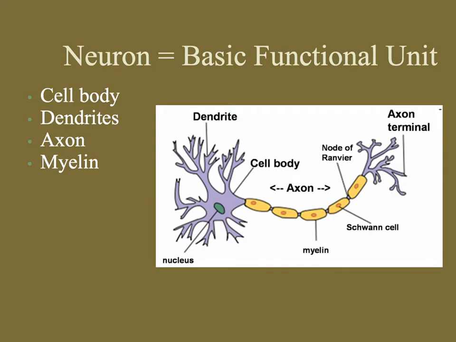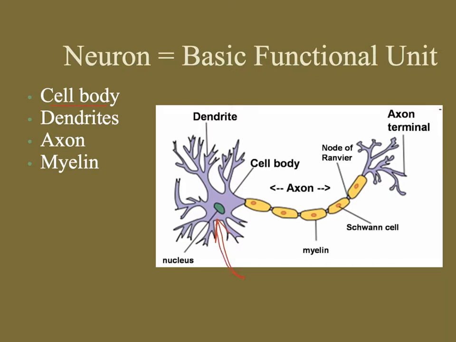The neuron, as I hope you remember from the unit on tissues back in the beginning of the year, is the basic functional unit of the nervous system, and it has three basic parts. There are some different shapes to neurons, and we'll get to them in a minute. But basically, all neurons have a cell body, and that is the cell part of the neuron with all of those cellular functions that you are very familiar with.